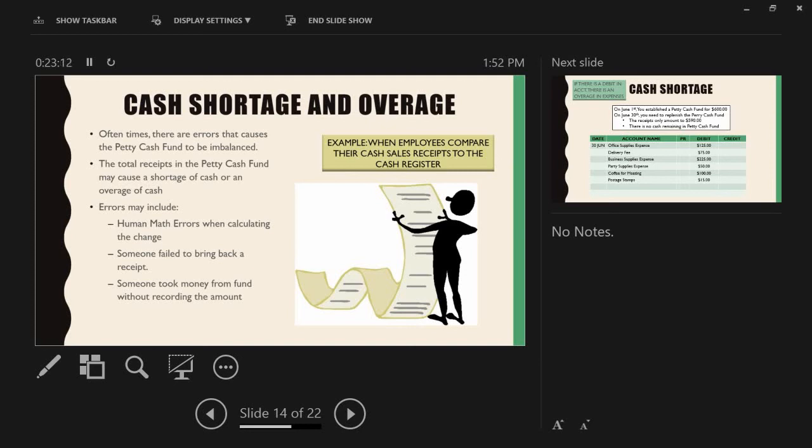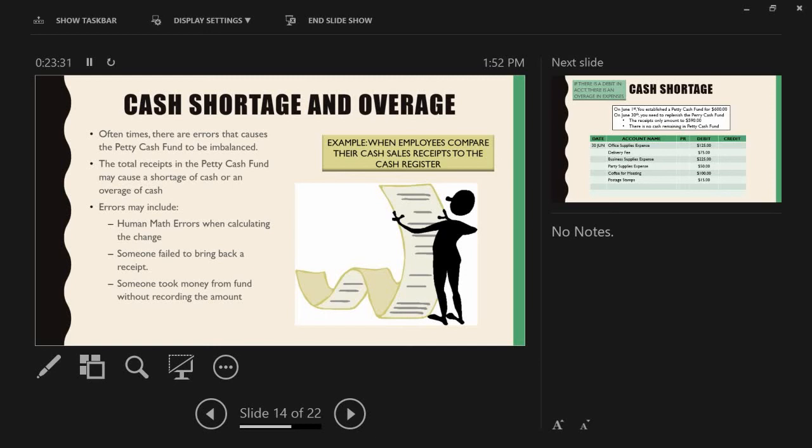So oftentimes, some people take money from the petty cash drawer, usually later that day, and they buy the materials and they end up showing to work and they forget to put the money back with the receipt.